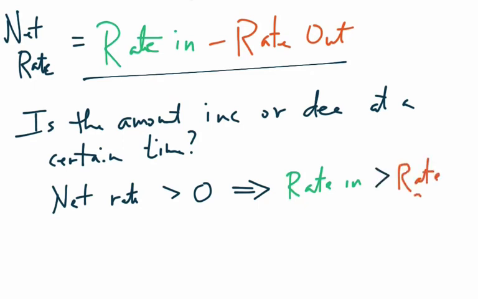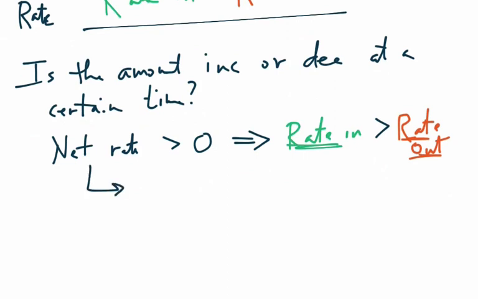Okay, if you think about your bank account, again, as a bucket, if you make more money than you spend, then your net rate of money accumulation is positive, and therefore the amount would increase. So if the net rate is positive, then the amount will increase.